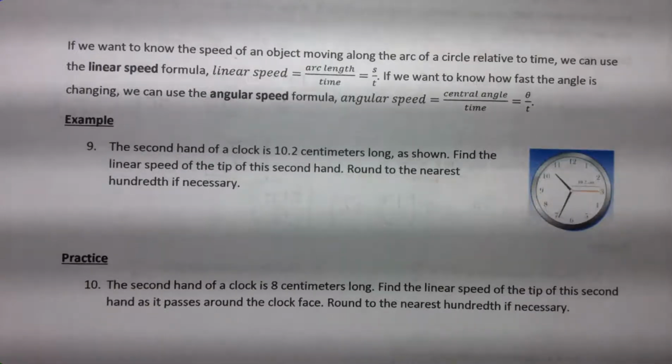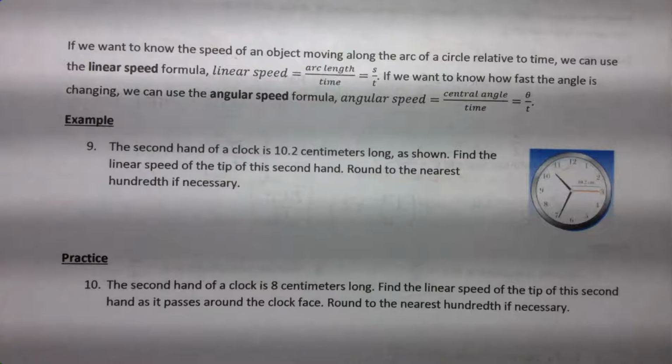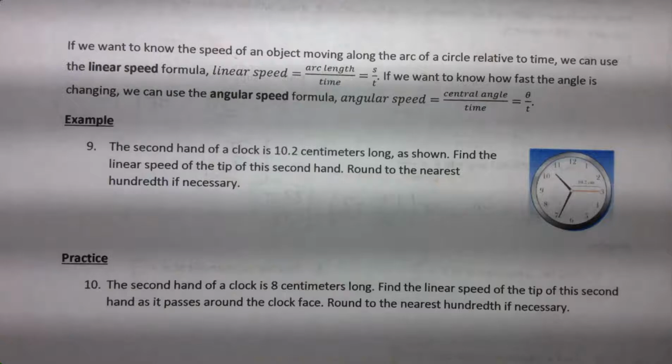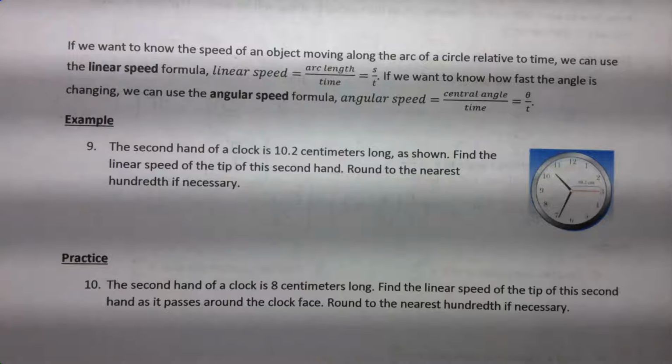And then the other thing we're going to talk about is angular speed, so how quickly the angle measure is changing. So linear speed is useful if I want to see something like a fly on a fan blade and how fast it's traveling. Angular speed is good for when I want to talk about rotations and how fast something is spinning. So I have these two formulas here.